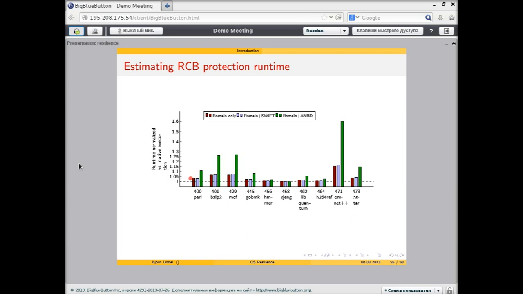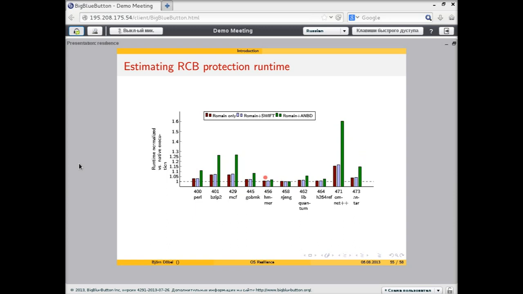Using SWIFT would not much increase this overhead. Using encoded processing gives a bit higher overhead, but it's still about 10%. We have some other executions where we have like 25% overhead for encoded processing, and we have this benchmark down here where encoded processing would actually lead to something like 60% overhead.